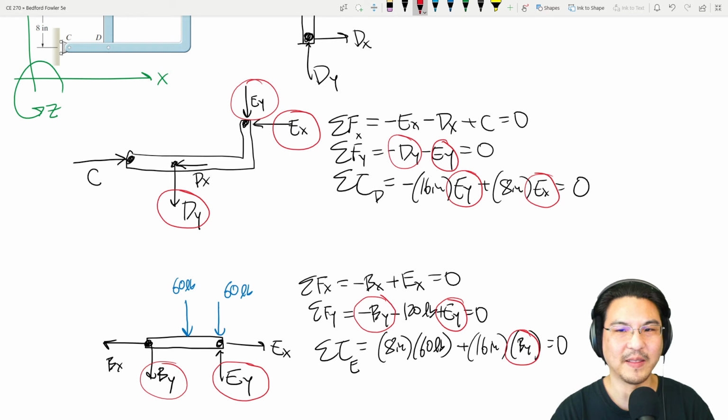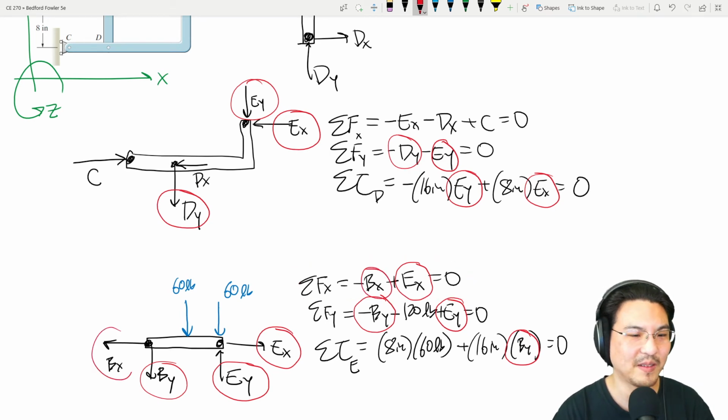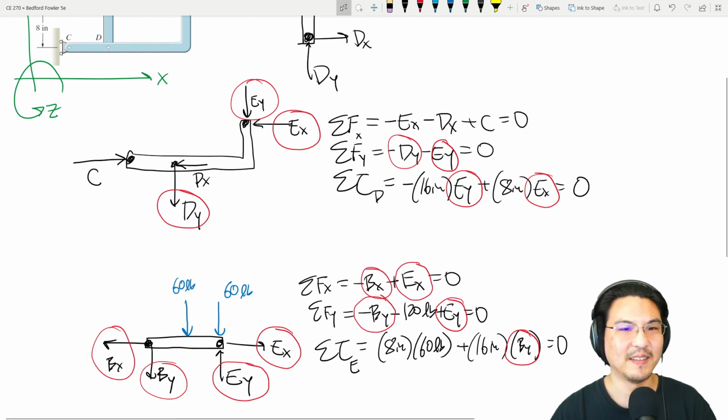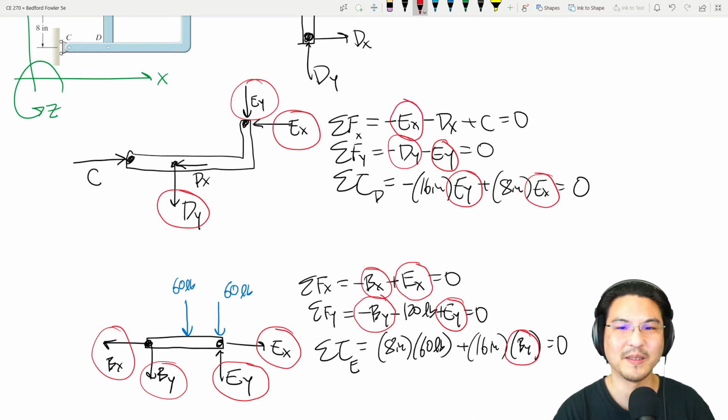Okay, and then look. So if we know EX here, now we know EX here, and now if you look at this, there's only one unknown. So there's one unknown left, BX, here. Okay, and here we know EX, but it's not enough information to solve for these remaining two, but that's okay.